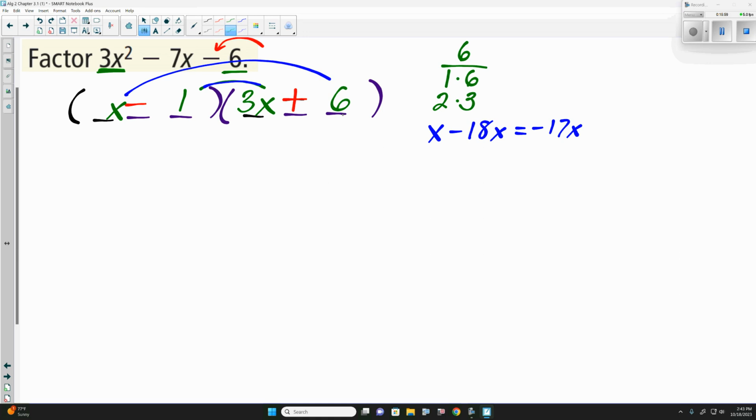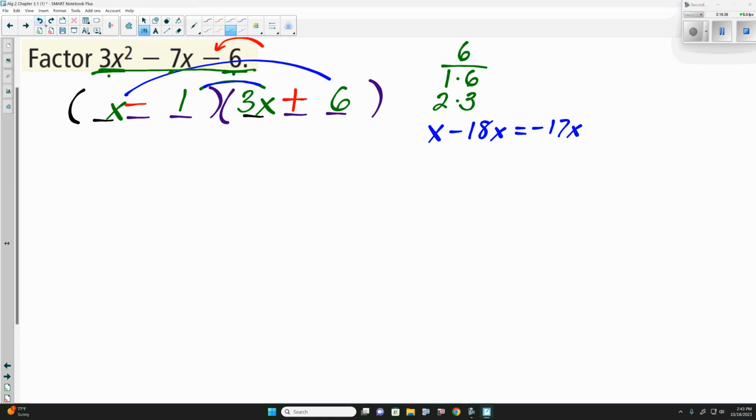Is there something that's both divisible by 3 and 6? 3 will go into both, yes? Is there a greatest common factor in what we had to start with? Well, 3 divided into 3, 7, and 6, no. If there's not one, there can't be one here. And if you notice that, it just means we can't have this set up.